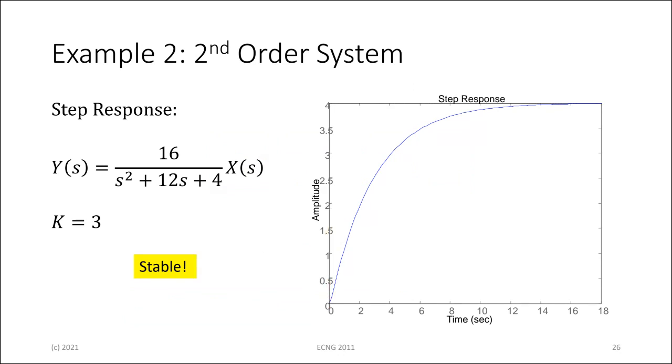The unit step does that, and the system responds, and it settles eventually on a value of 4. After some period of time, it stabilizes on a value of 4.